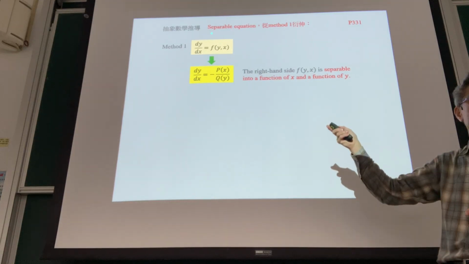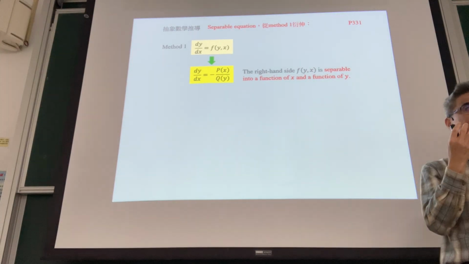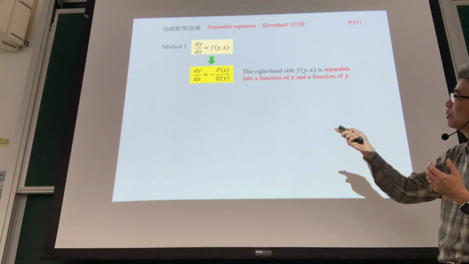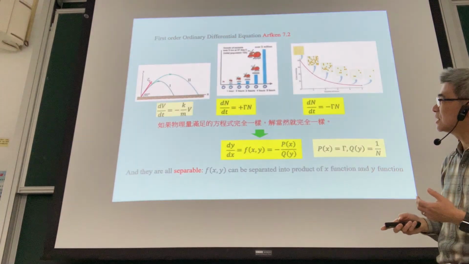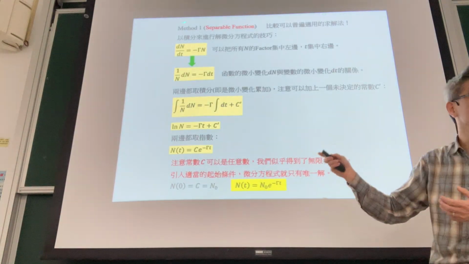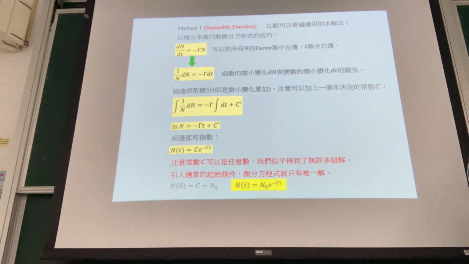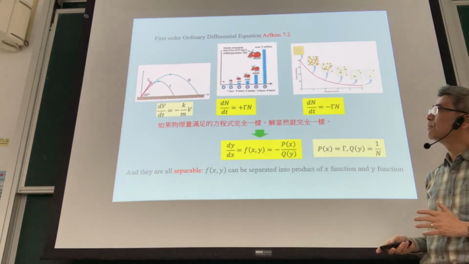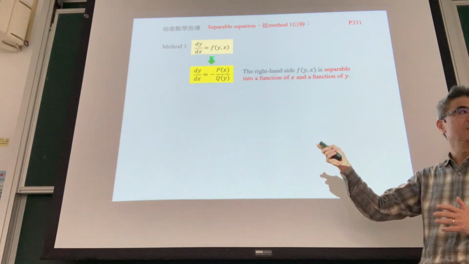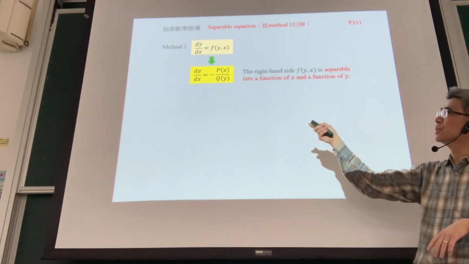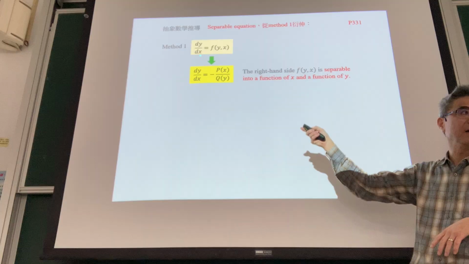Remember here now, because I'm changing my face to a mathematician, the equation becomes dy dx instead of dn dt. Remember, when I change my face from physics to mathematician, for general discussion, I'll revert to y as a function of x.